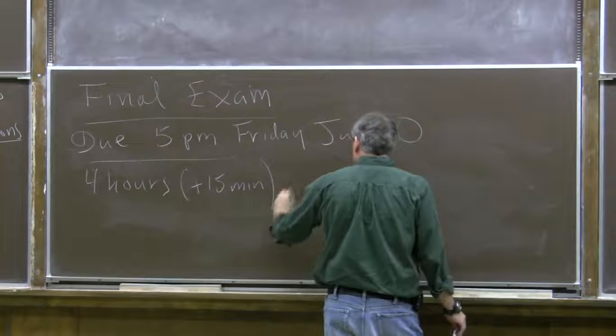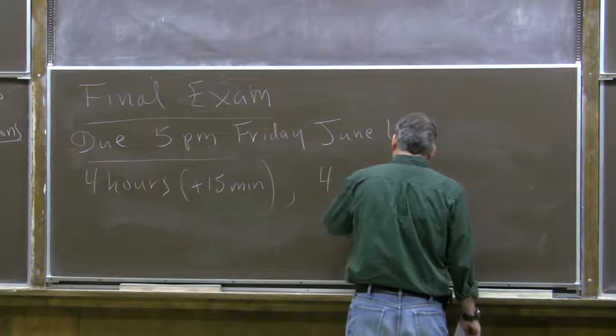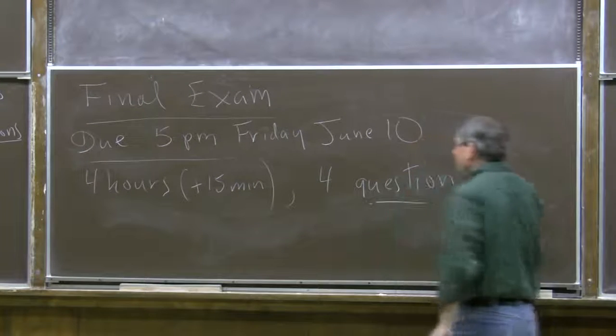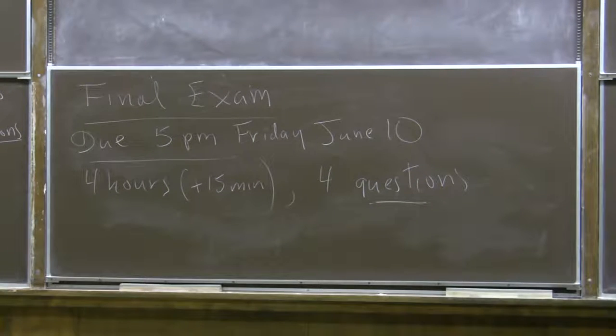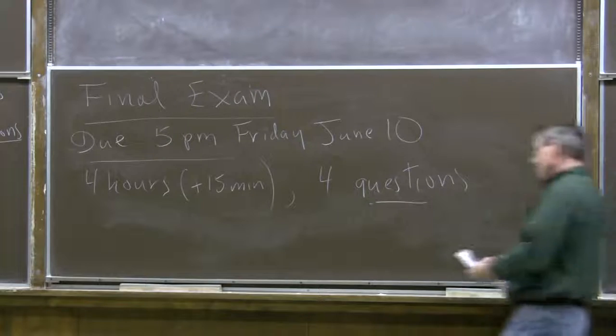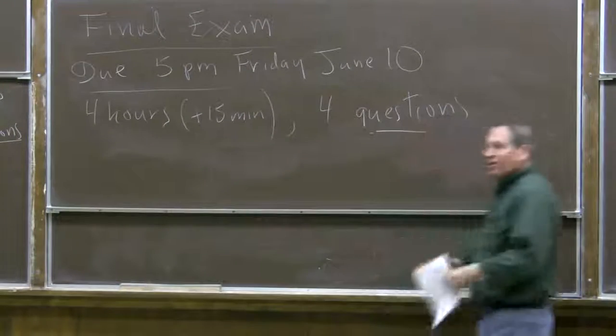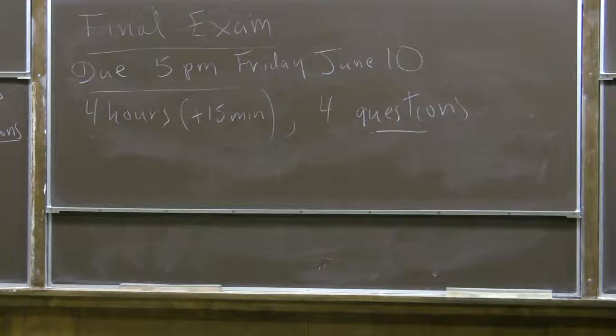There will be 4 questions. So it's a lot like Passover. 4 questions, 4 hours. And what are the questions about? Both content of the course is fair game. But the course is kind of cumulative, so chances are, if I were writing this exam, I would draw more heavily from some of the latter topics. What were those?